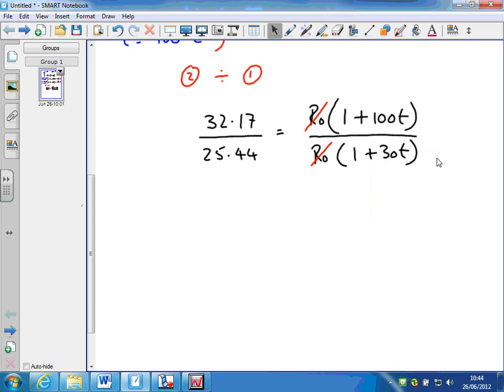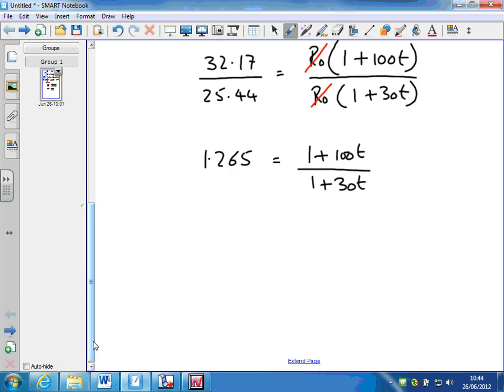So 1.265, holding the same number of significant figures, equals 1 plus 100T over 1 plus 30T. Multiply both sides by 1 plus 30T.